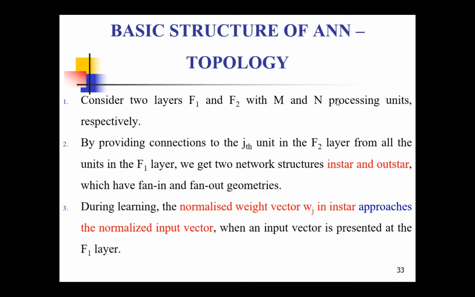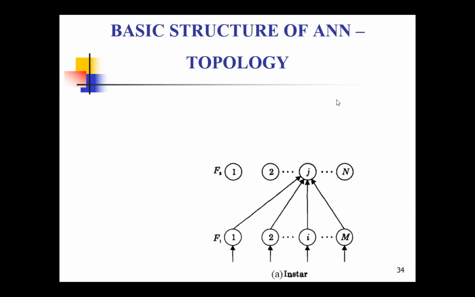During the learning process, the normalized weight vector of the instar approaches the normalized input vector at the F1 layer. Here you can see that I have two layers, F1 and F2, with M neurons in F1 and N neurons in F2.